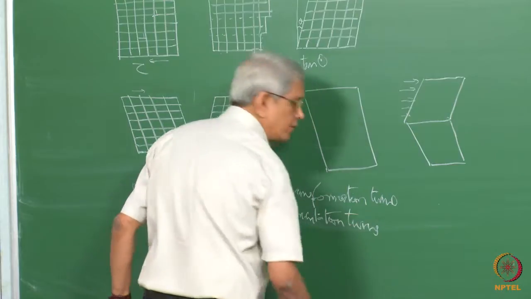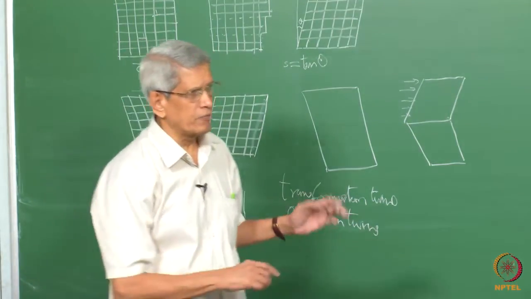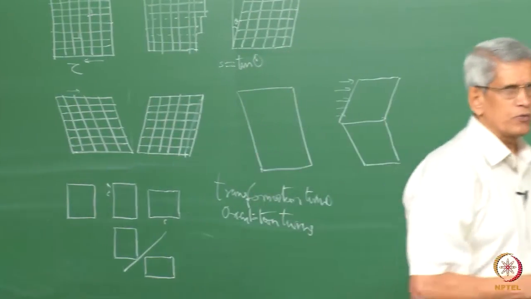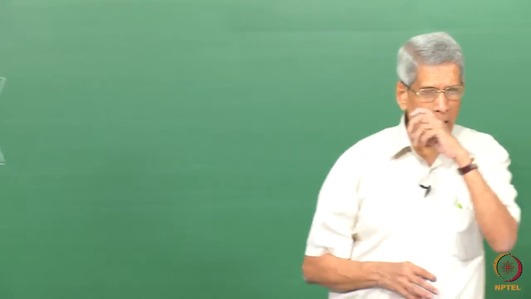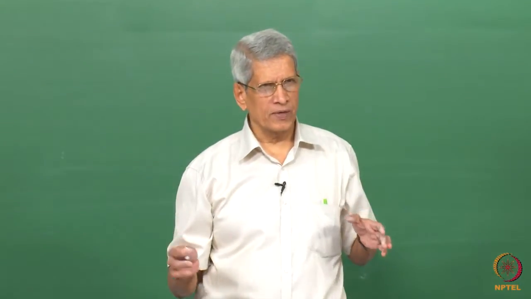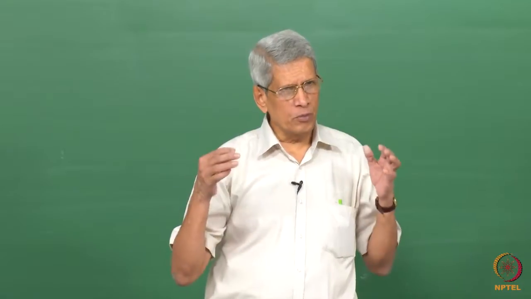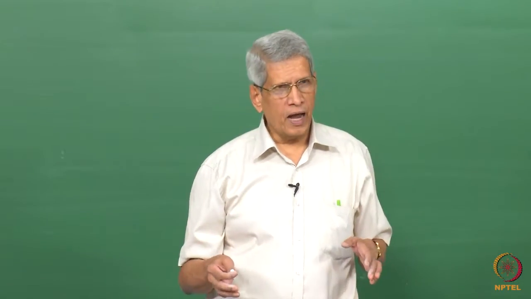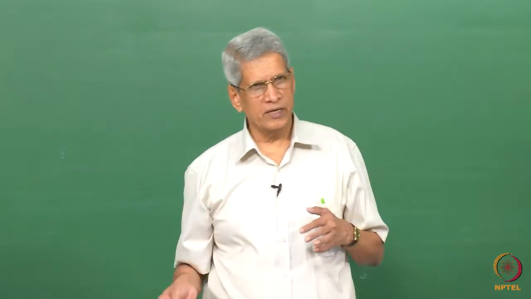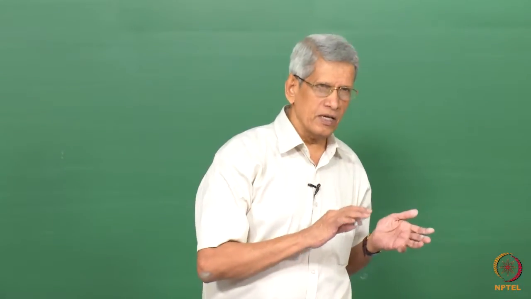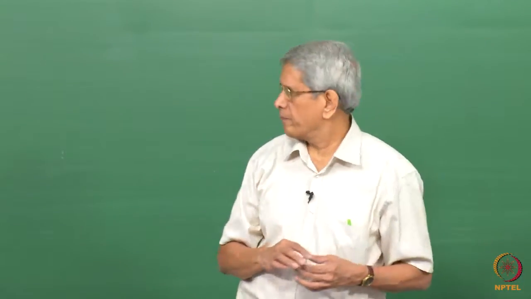One orientation variant is there, another one is oriented in a different way, but the crystal structure remains the same. They could be related by a reflection, or by a rotation, or by inversion.